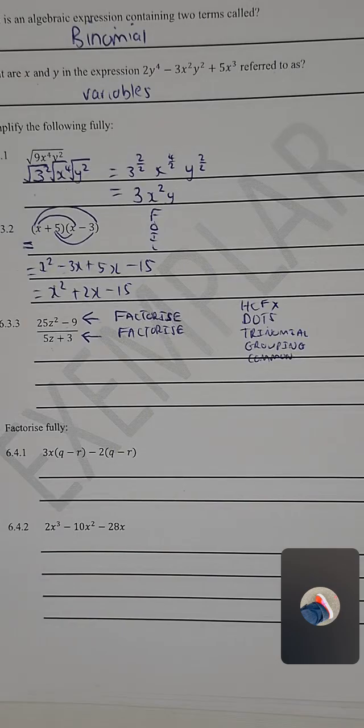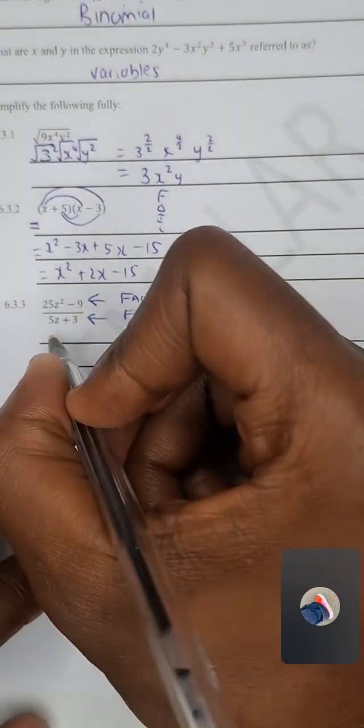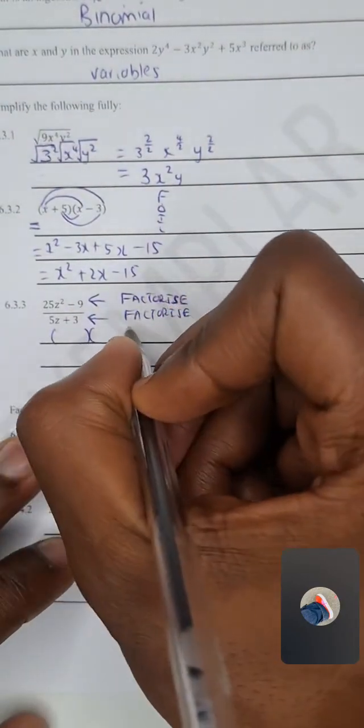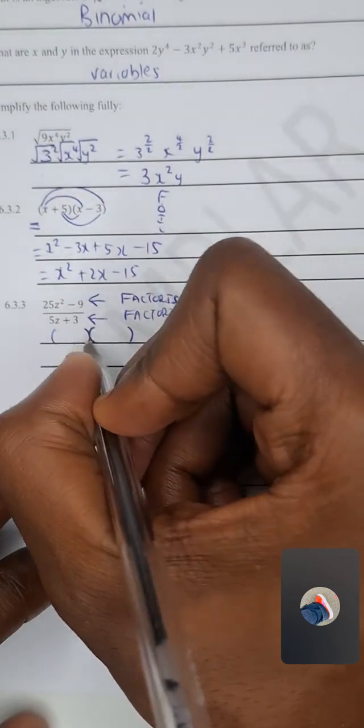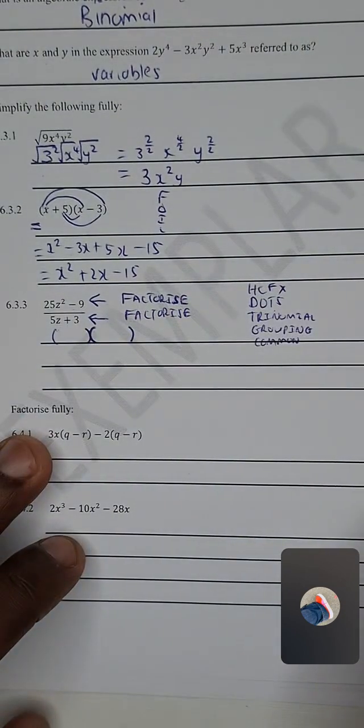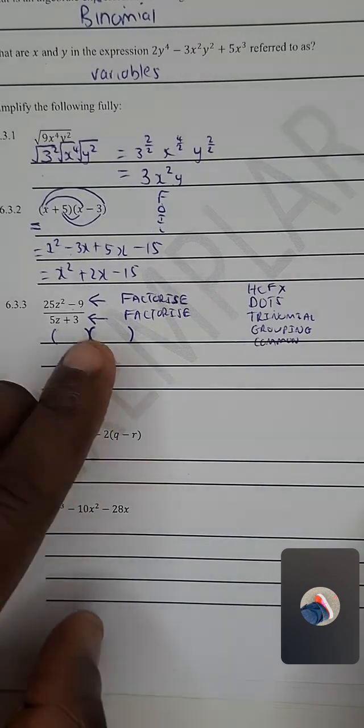Can I just interject here? Difference of two squares factorization, you factorize by opening two brackets. I don't know if you've learned this.